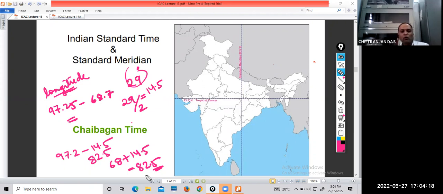So we subtract 97 minus 68. The value will be around 29 degrees, or 28.5, whatever you said, 29 degrees.